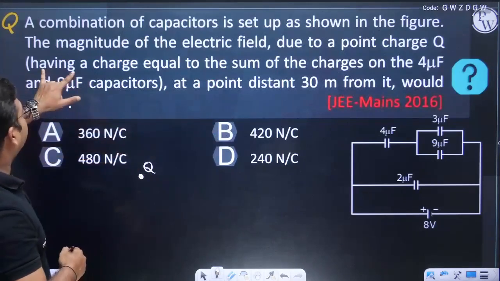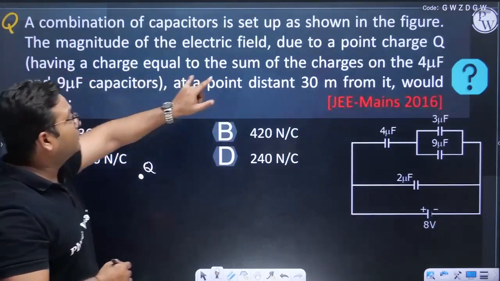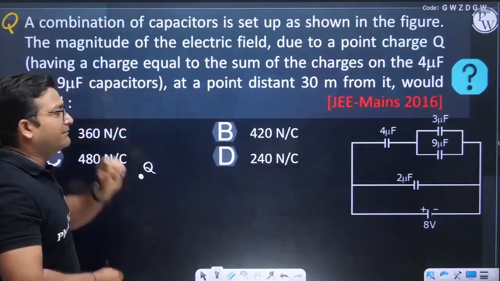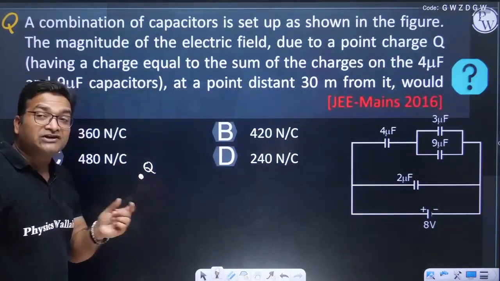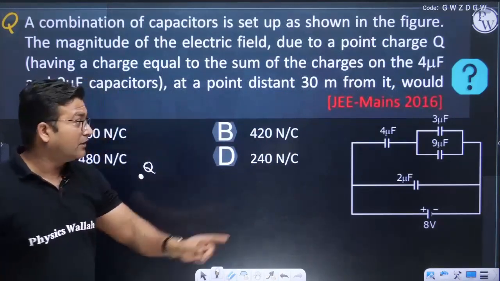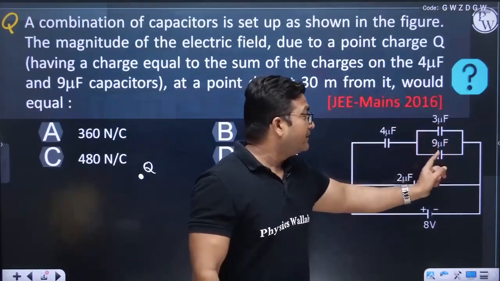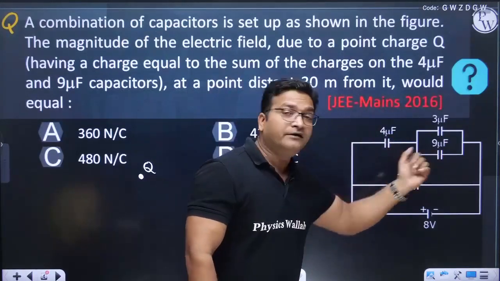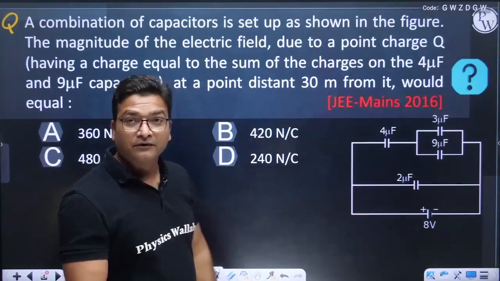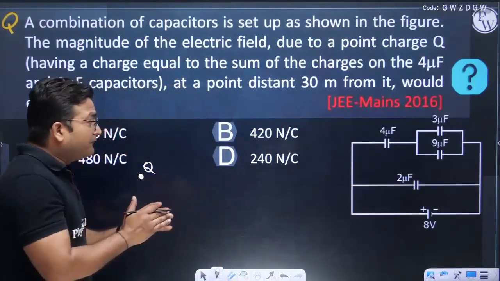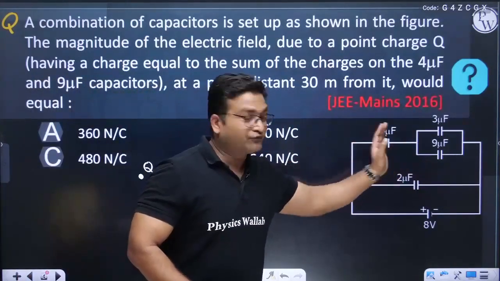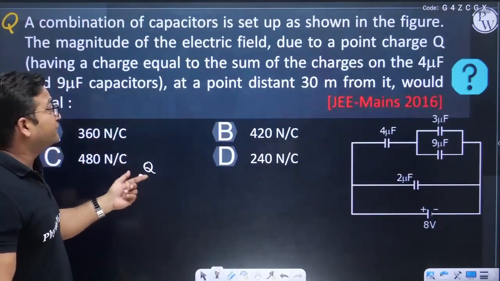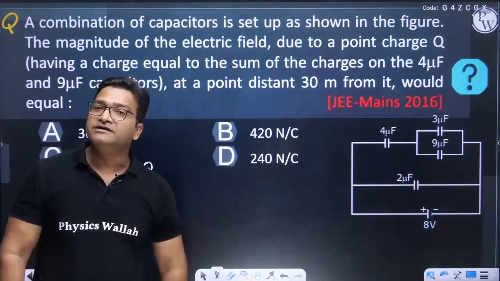The Q is actually the charge equal to the sum of charges on 4 microfarad and 9 microfarad. So we have to find the charges on 4 microfarad and 9 microfarad, and then sum them. That is equal to Q, and we have to find the electric field because of this Q at a distance of 30 meter from it.